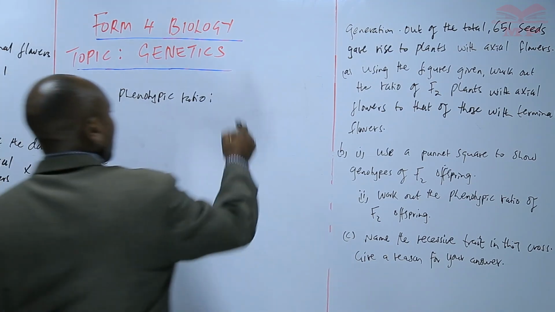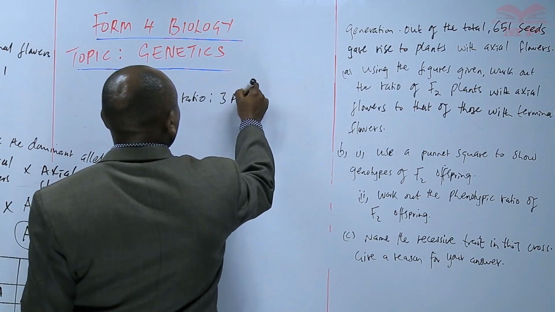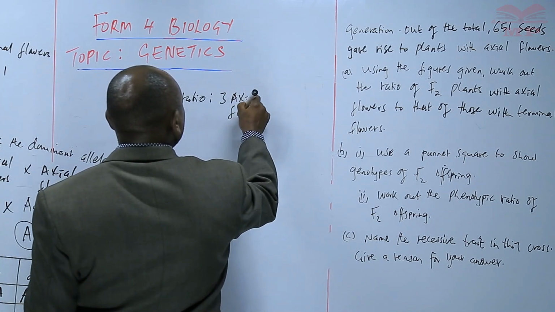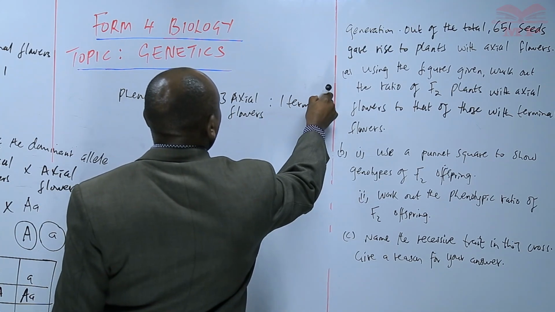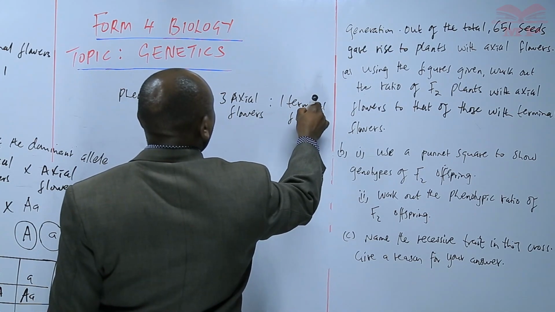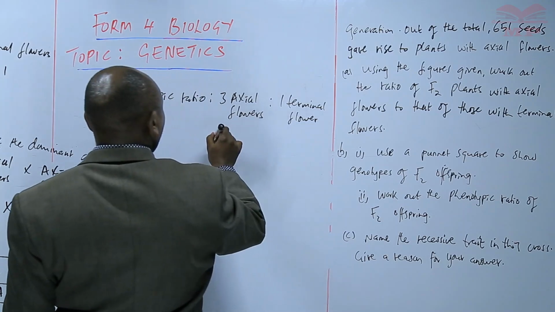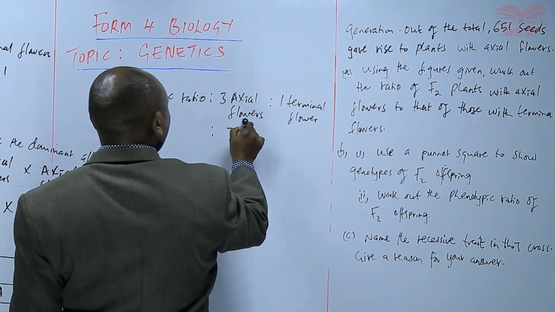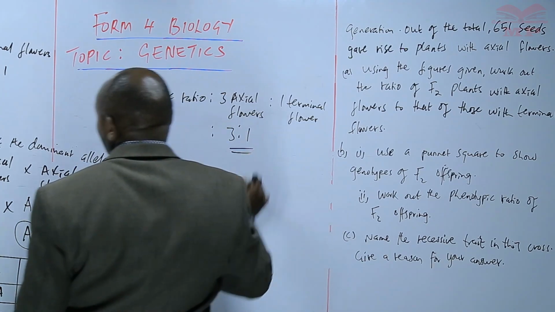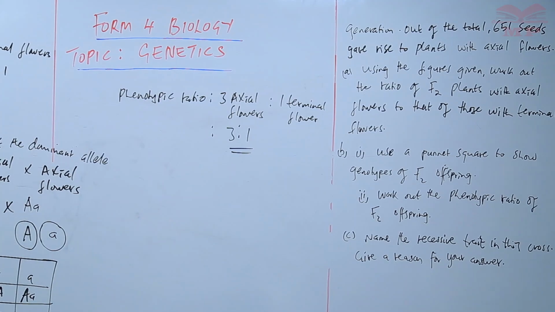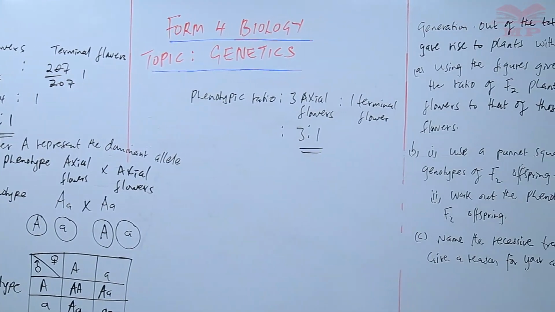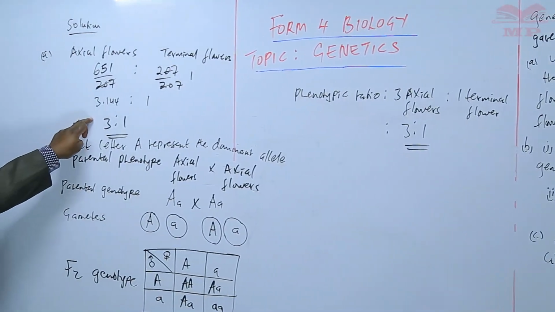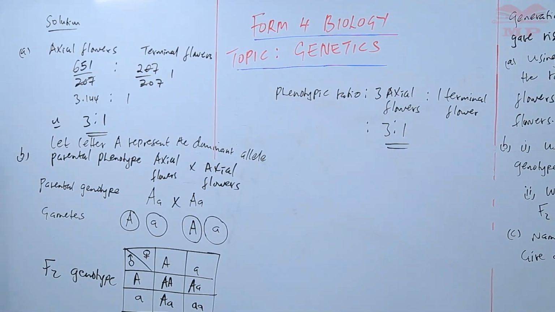So we had 3 axial flowers against 1 terminal flower, and therefore that gives a ratio of 3:1 as we had earlier calculated. So the number that we have calculated must agree with the ratio that we got here, and that shows that the answer is correct.